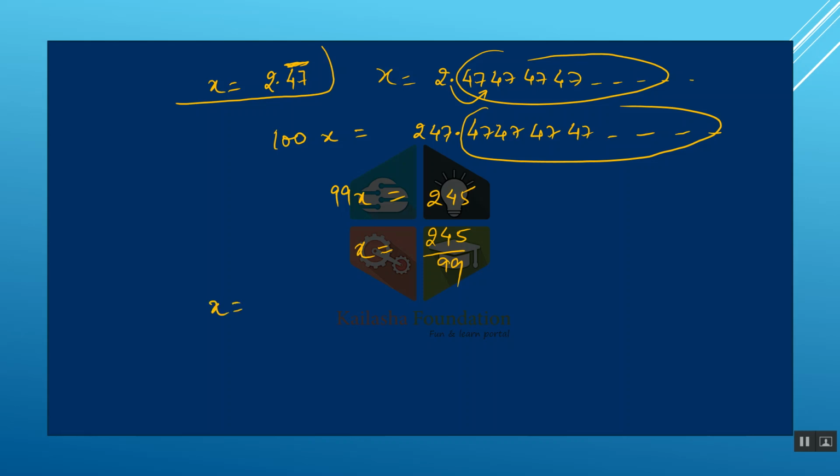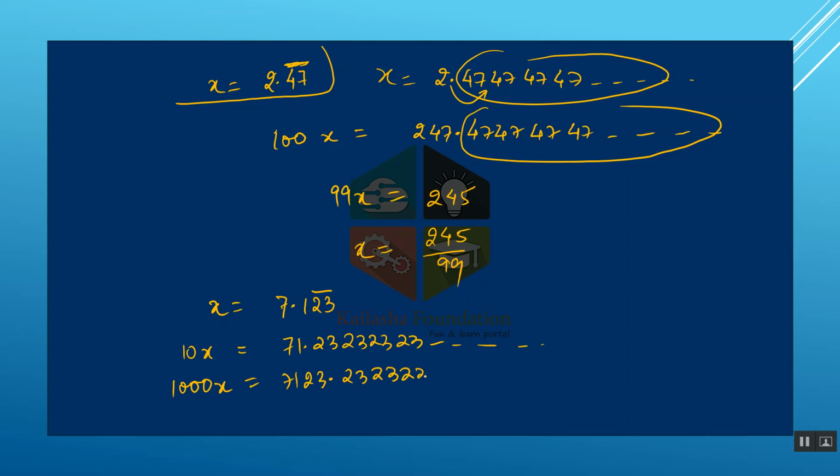Take another problem, x is equal to 7.123 recurring. There is no recurring sign on 1, so at first we do 10x is equal to 71.23 recurring, that is actually 71.23232323. Now we multiply by 100 again, so it becomes 1000x is equal to 7123.232323. We can write another 23.